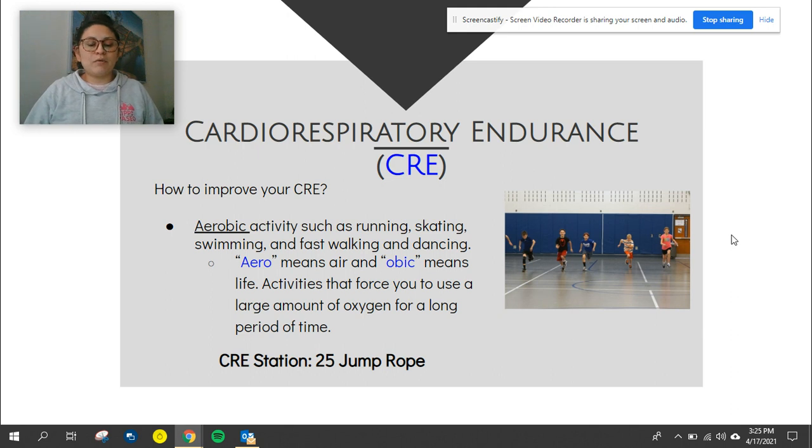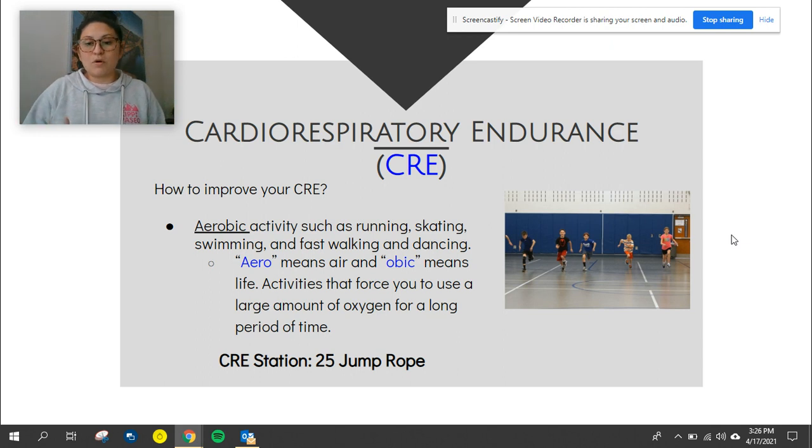If you break down aerobic, aero means air in Latin, and obic means life. So activities that force you to use a large amount of oxygen for long periods of time. So thinking about running. Let's say you're running, you obviously need that large amount of oxygen, right? Because you're going to be breathing in heavy for longer periods of time.